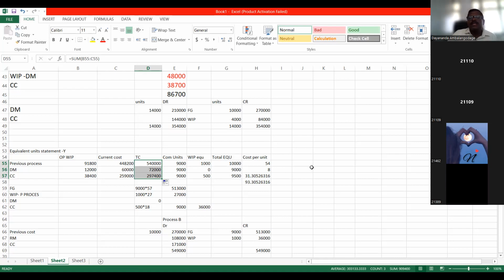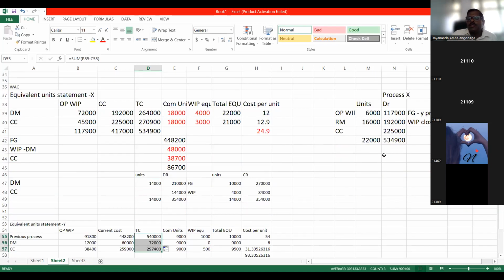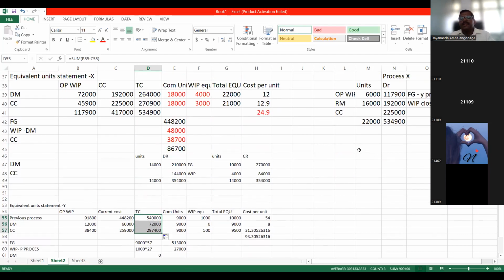So what you have to do is prepare process account Y. You may have the debit column, you may have the credit column, and in addition to that, you have the units.